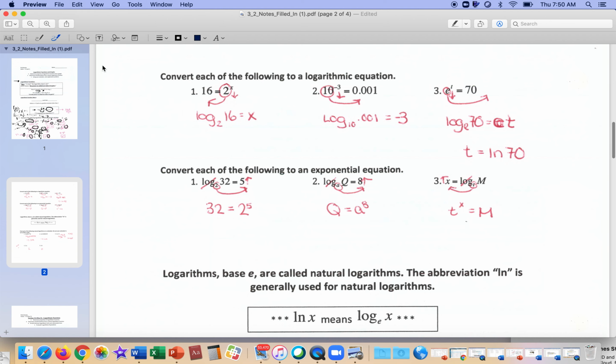The inverse operation is log, right? Exponentials and logs are inverses. Just like multiplication and division are inverse operations.